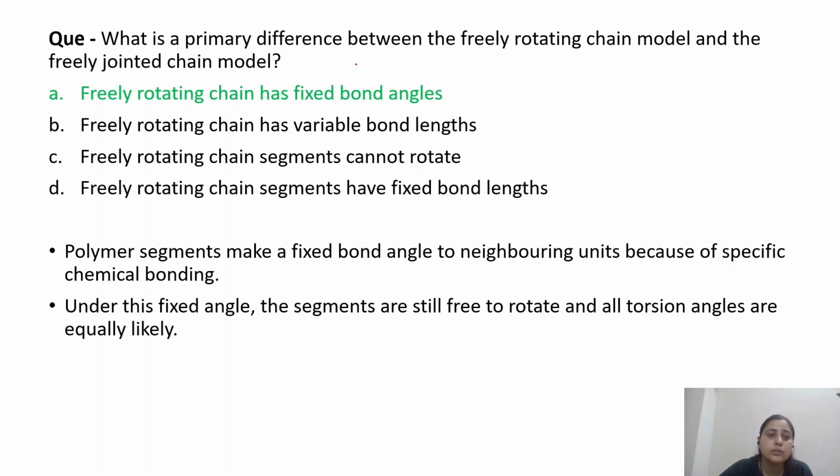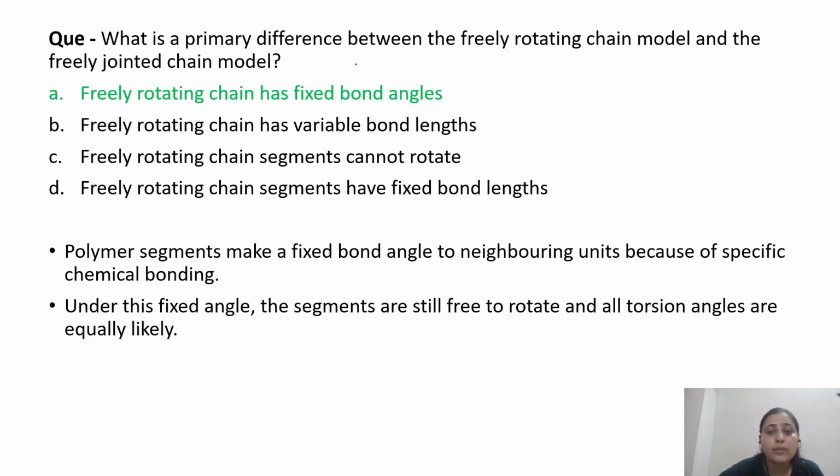The polymer segments in the freely rotating chain have fixed bond angles to the neighboring units because of the specific chemical bonding. Under this fixed angle, the segments are still free to rotate and all the torsion angles are equally likely. So in the freely rotating chain, the word freely is also there.